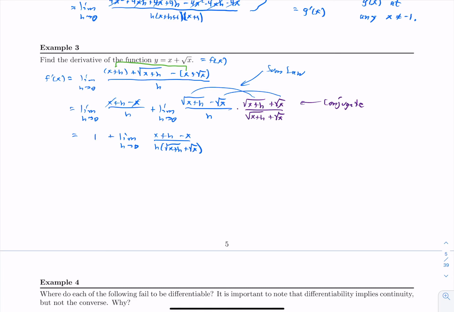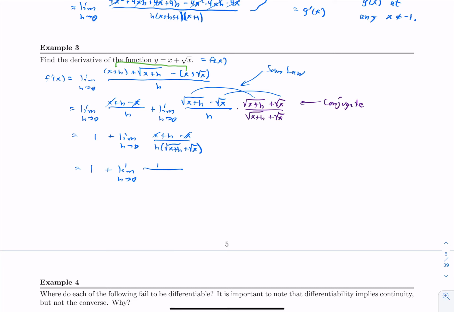So kind of like the fraction problem on the previous example, these usually get worse before they get better. But it only takes a step or two to clean things up, and it's all the usual algebra you've been doing over the years. The x's drop out, and so we have 1 plus the limit. After the x's drop out, the h reduces.